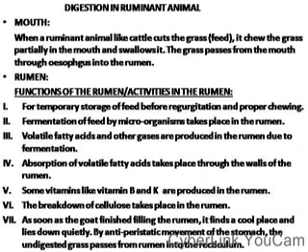Number 5, some vitamins like vitamins B and K and also amino acids are produced in the rumen. 6, the breakdown of cellulose takes place in the rumen. It is not all animals that can digest cellulose except ruminant animals.